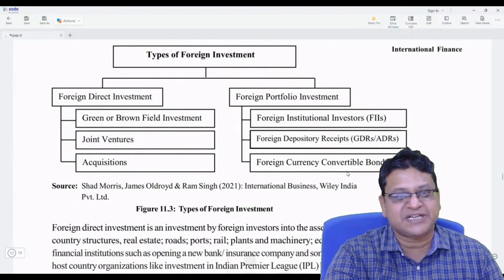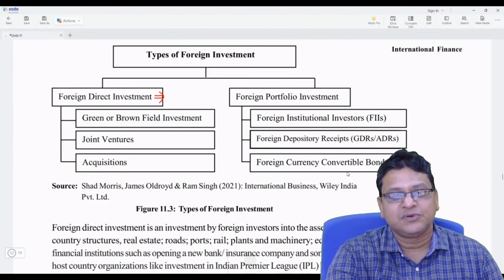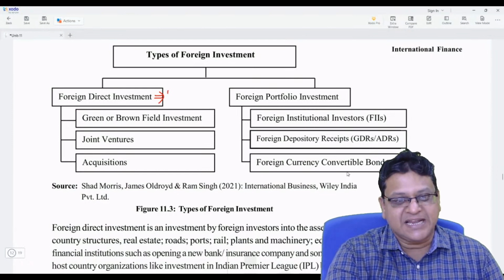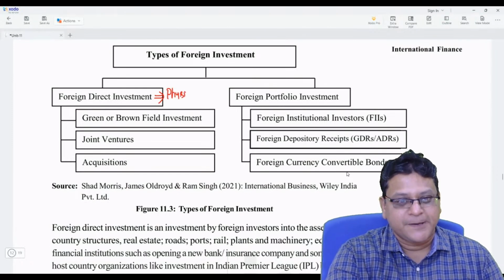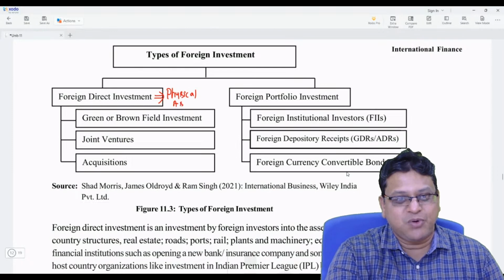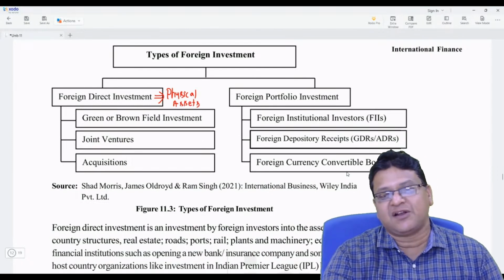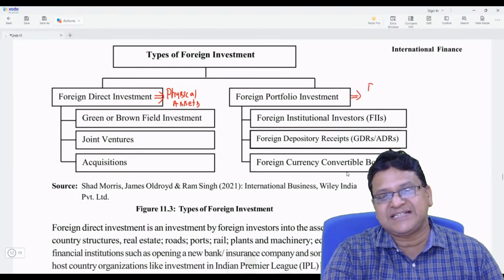Foreign direct investments are in the form of physical assets, and foreign portfolio investments are normally in the form of financial assets.